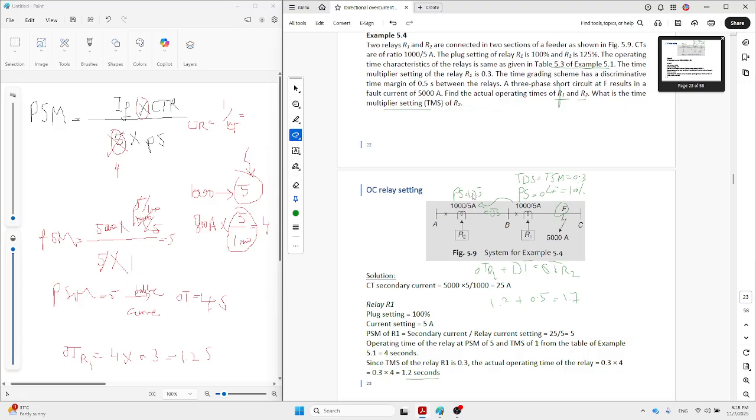So we must calculate the TSM for relay number 2, since the operation time is known for relay number 2.